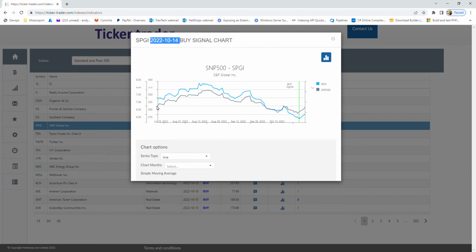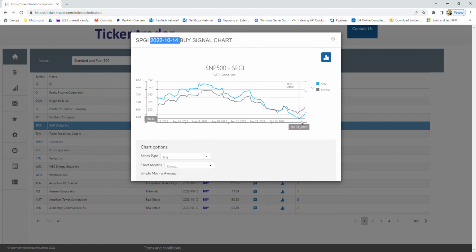There's a coincidence. I just clicked that randomly, and the grey line is the index S&P 500, and the blue line is the stock price, which the S&P Global Incorporated does mirror pretty much the S&P 500.